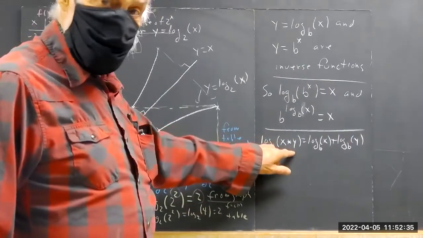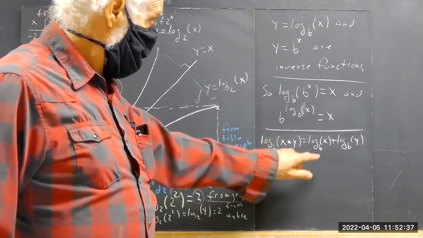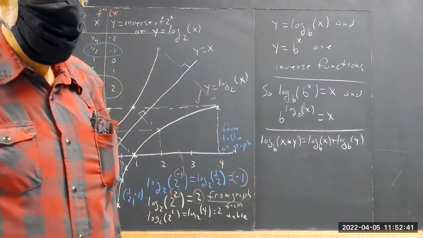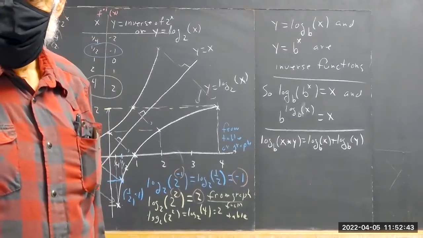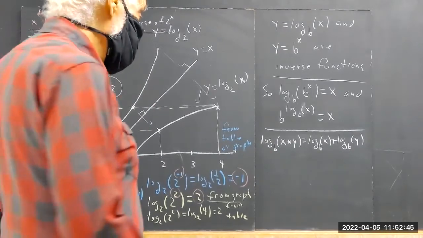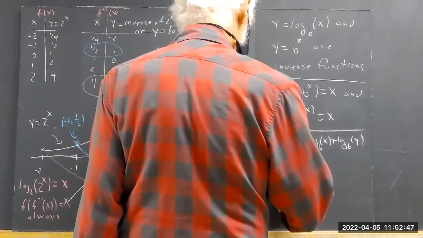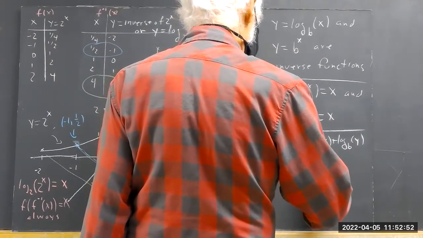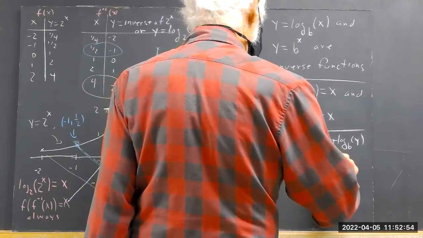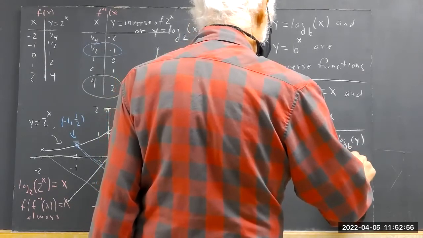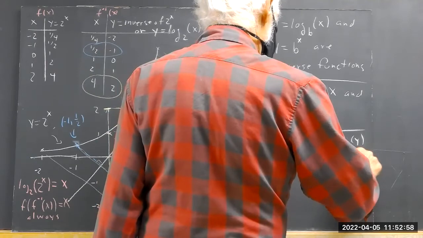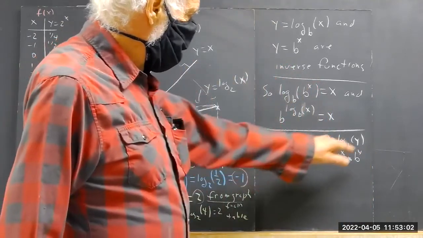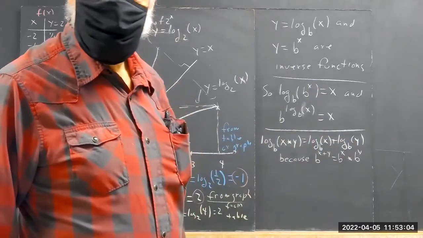If your numbers are multiplied, then you take their logs and add them and you get the same thing. And this is because of the law of exponents, which says b to the x plus y equals b to the x times b to the y.